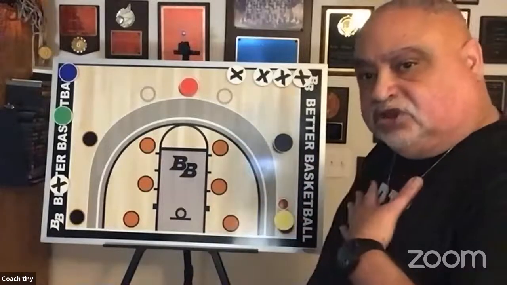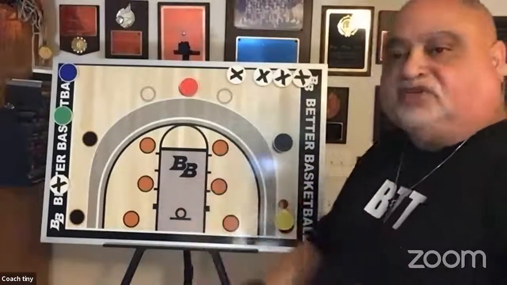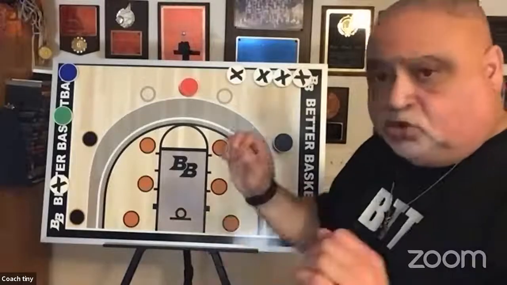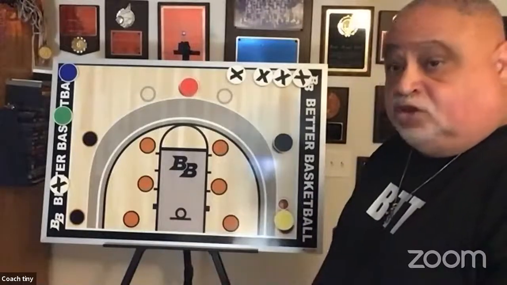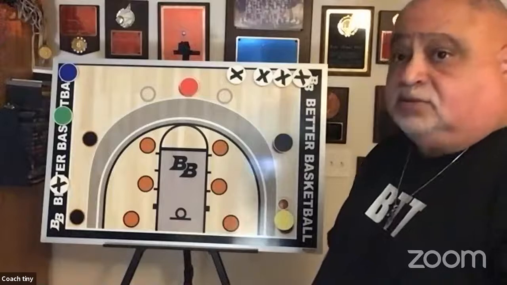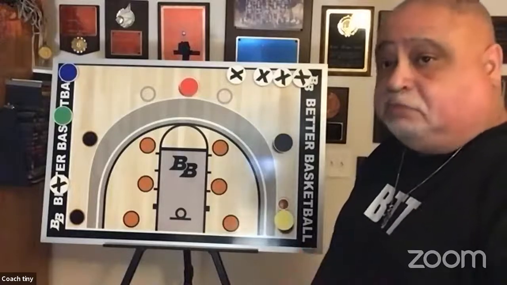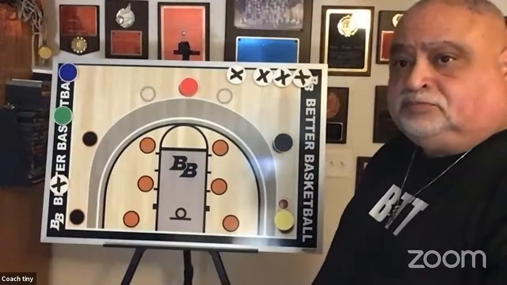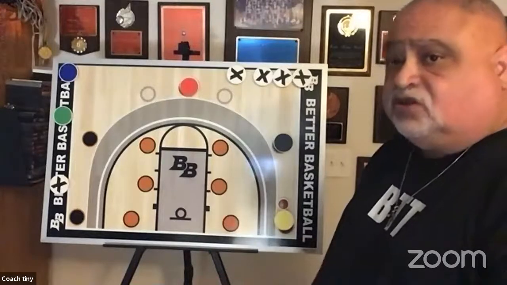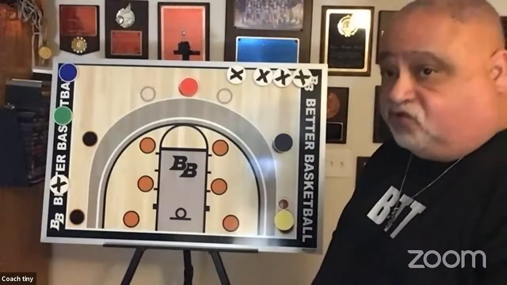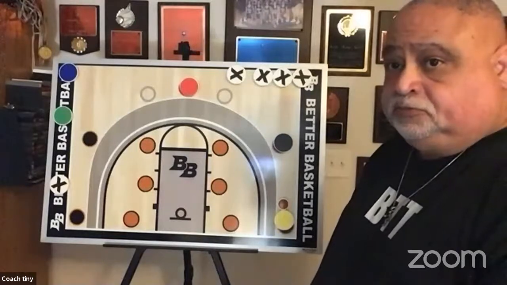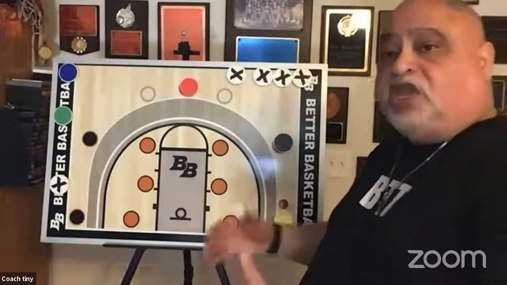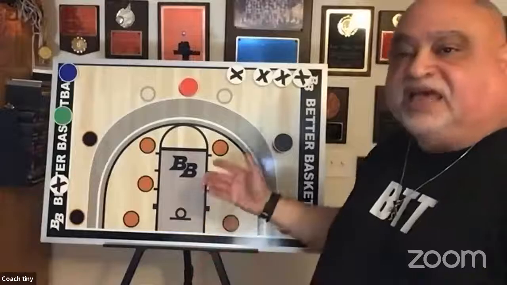One thing that I teach on defense is to push the ball to the left side, because most players are right-handed. If you have three or four lefties on your team, you are a nightmare. They're very hard to play against. But this way, we get our kids used to that left side.